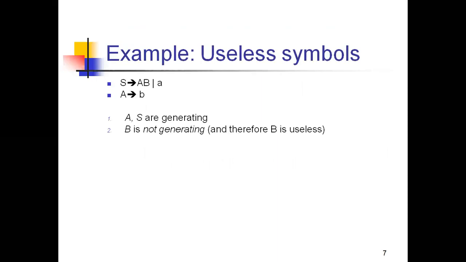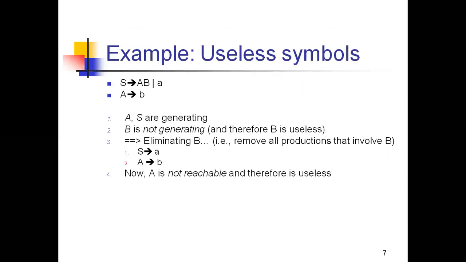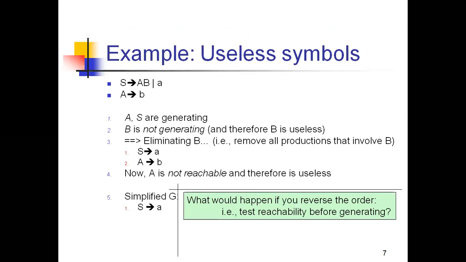Let's see. This is an example of the useless symbol, right? In this example, the productions are S tends to A B, or A tends to B. And this is a given grammar G. From this grammar G, A and S are generating.